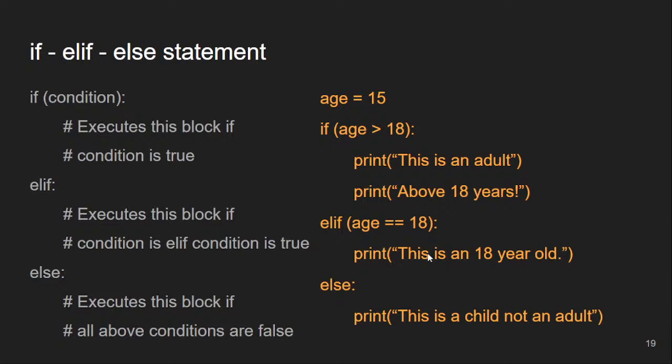So if it's this condition you want, just make sure you've structured your if and elif in such a way that it doesn't match this first. It should either come first and this later, or you do it in such a way that it doesn't match this and then it matches this. So just be careful when you're using your if and elif statements.